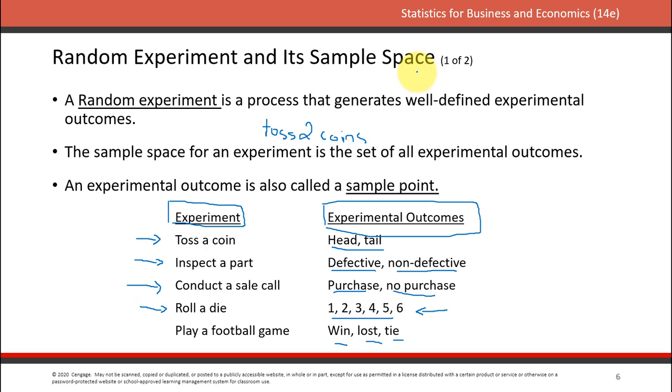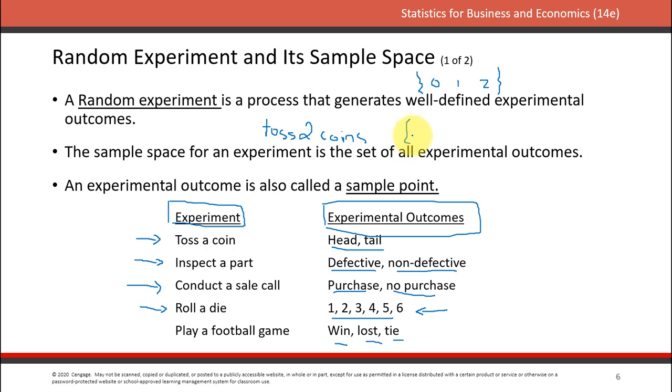One way, which is not the way I want to go, is you could get 0 heads, 1 head, or 2 heads when you toss two coins, right? Those are the possibilities. That's one way to describe them.